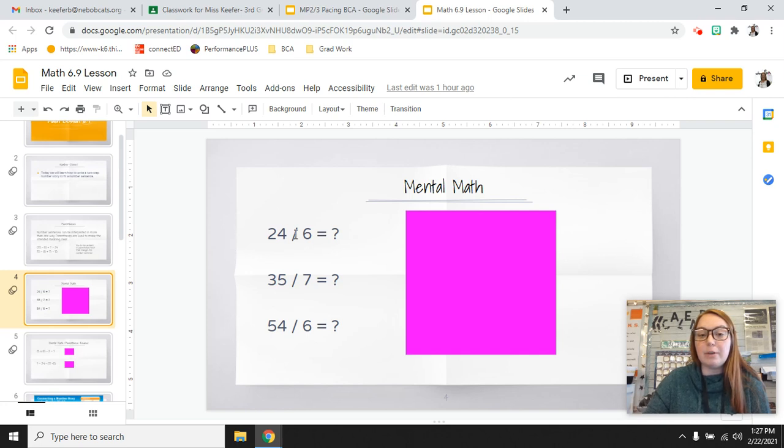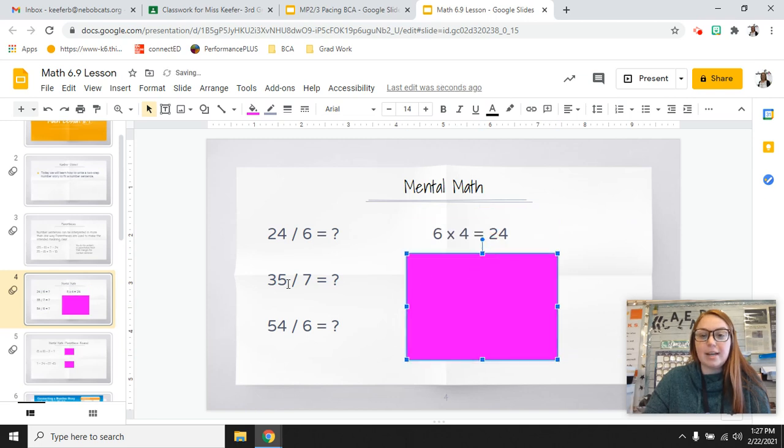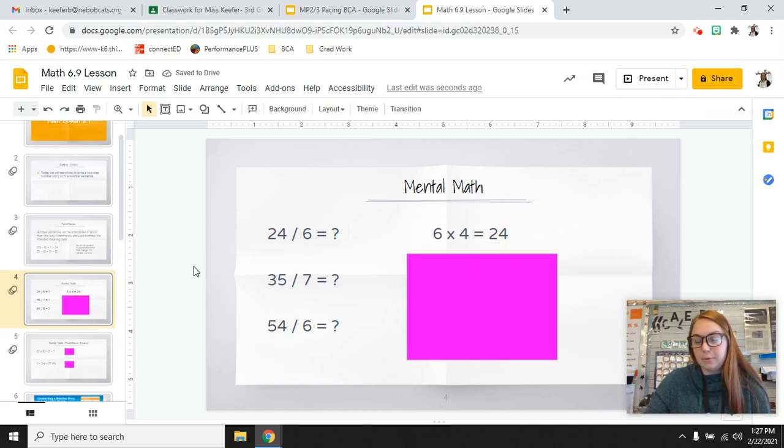Instead of saying 24 divided by 6, we could say 6 times what would equal 24. So that's what I want you to write on your whiteboard: 6 times what equals 24, or what times 6 equals 24. Okay, so try and solve that one first. So it would be 6 times 4 equals 24.